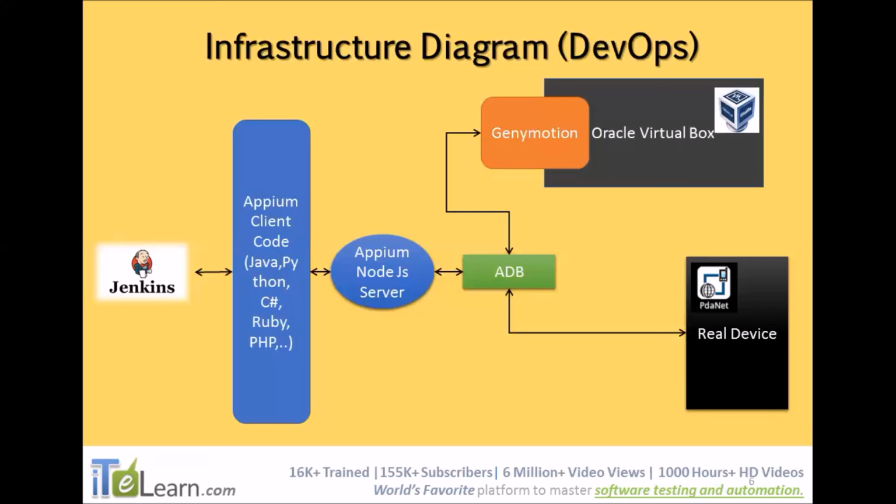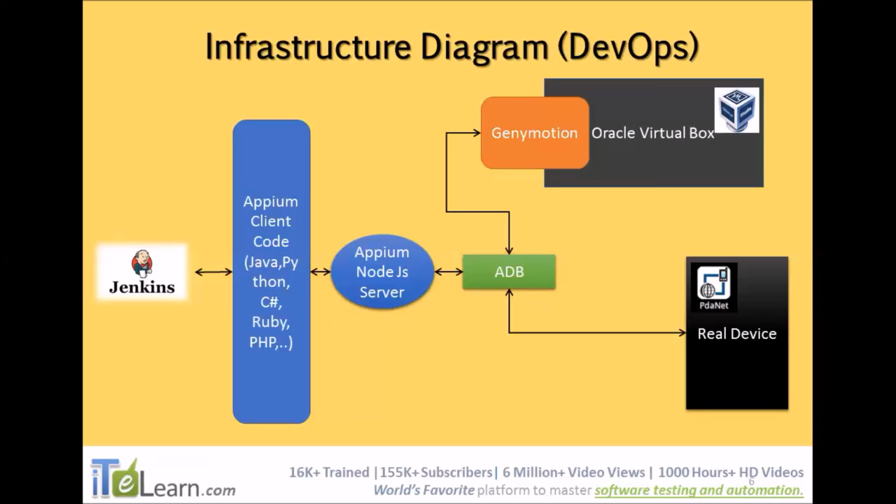I hope you have got a brief introduction about Appium and how it can be used for the test automation as a part of the complete infrastructure. So each and every building block which you see as a part of the infrastructure diagram, we will be doing in a step-by-step process as we progress in the course.